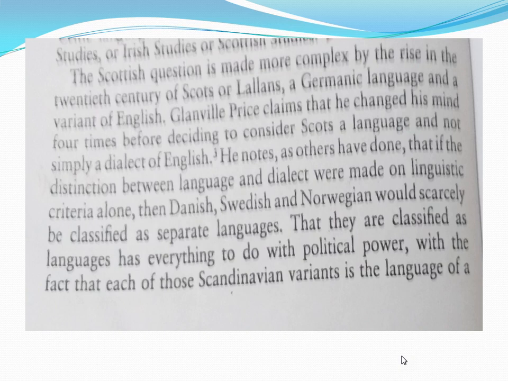It is their standard language, but the standard English was taken from Northern Ireland or the Midlands of England. The language used in Ireland is a bit different, and the English used in Scotland is also a bit different.